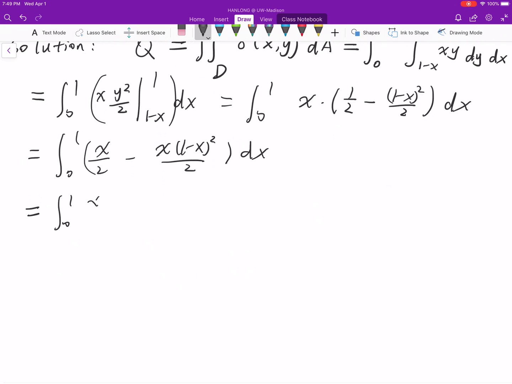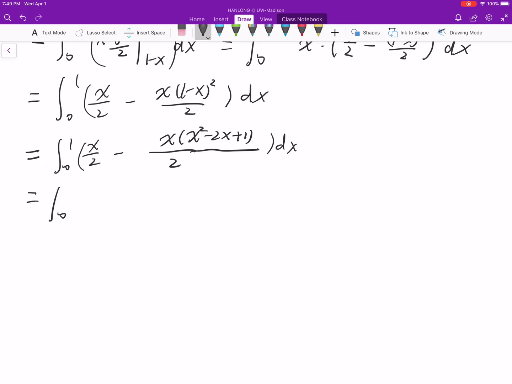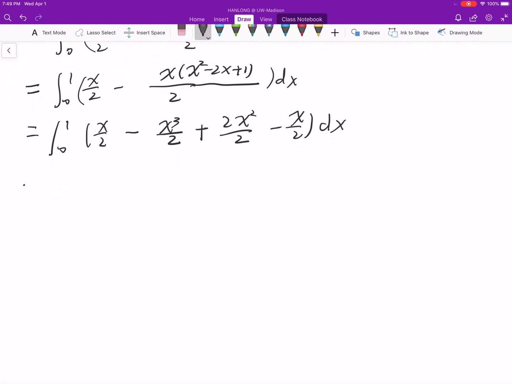So here you have 1 over 2 times x times (x squared minus 2x plus 1) dx, and that equals the integral from 0 to 1 of x over 2 minus x cubed over 2 plus 2x squared over 2 minus x over 2 dx.